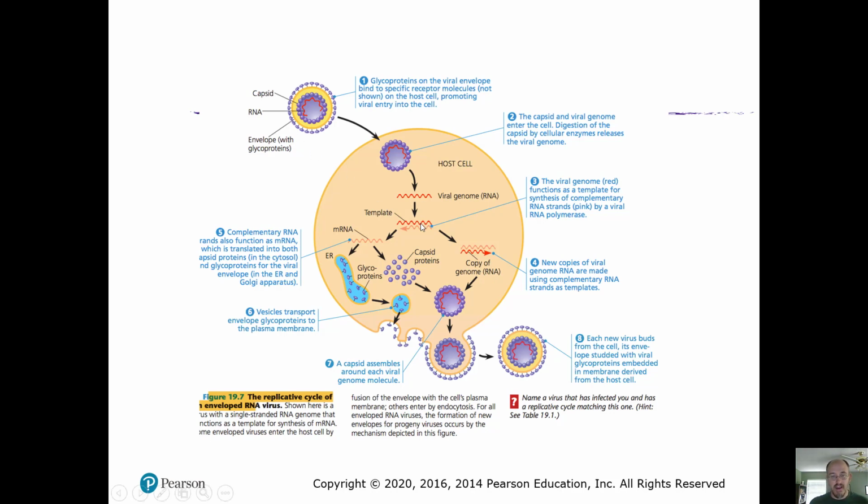And then we make copies of its genetic material, and its genetic material helps to code for the production of more proteins. Everything assembles, and then kind of like through exocytosis, we make more of these viruses. And they blip on out, and now they're ready to go and invade more cells or be spread from person to person.